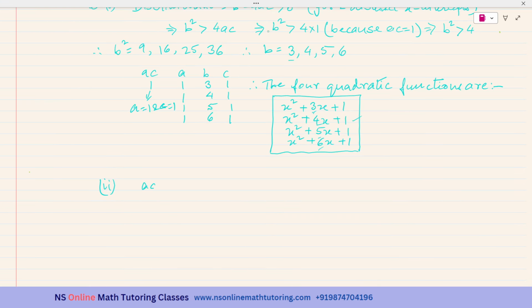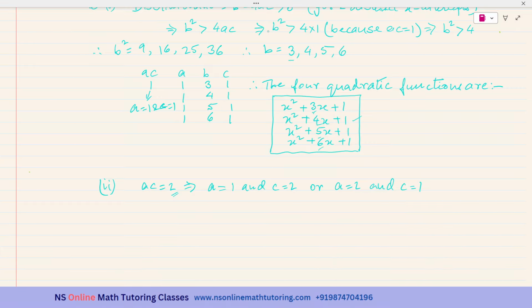AC equal to 2 implies, what are the factors of 2? 1 and 2, because the positive integer factors, which are also less than or equal to 6 but greater than or equal to 1. So A equal to 1 and C equal to 2, or A equal to 2 and C equal to 1.